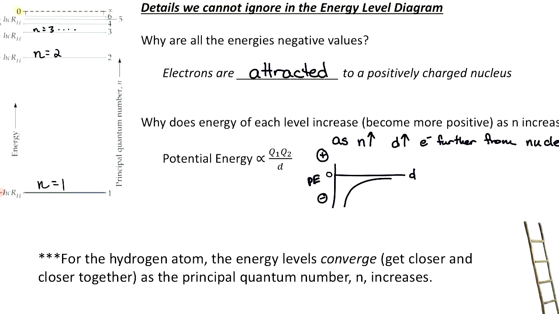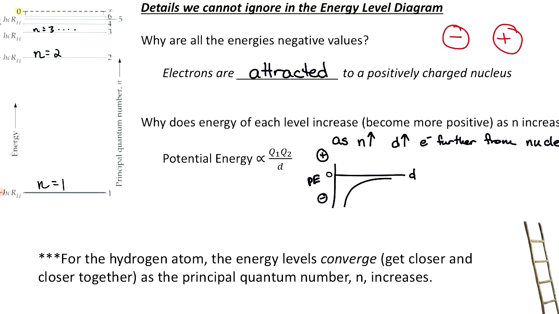Why are they negative values, these energy levels for an electron? Let's think about that. Remember, electrons are attracted to a positively charged nucleus. When we think about potential energy and the equation that describes it in electrostatics, Q1 times Q2 over distance, when we have oppositely charged particles, what kind of interaction is that?